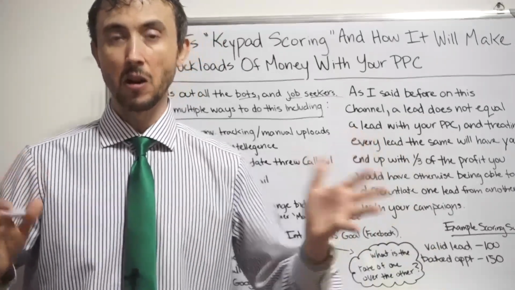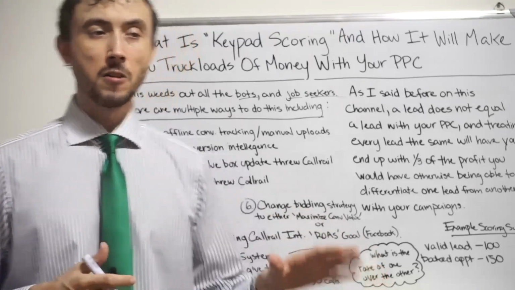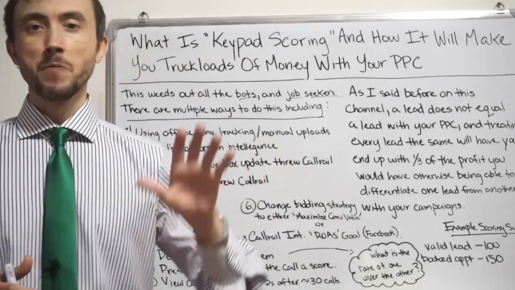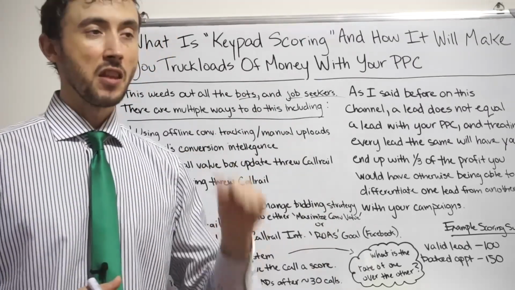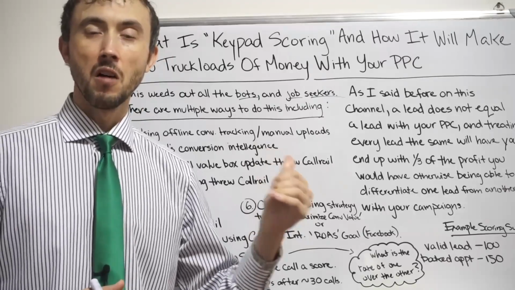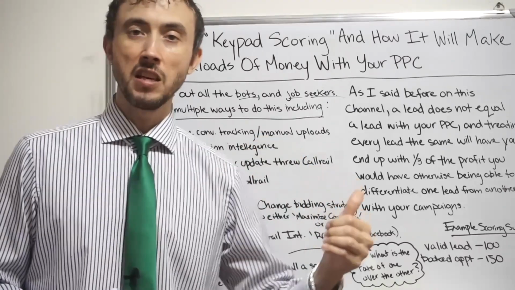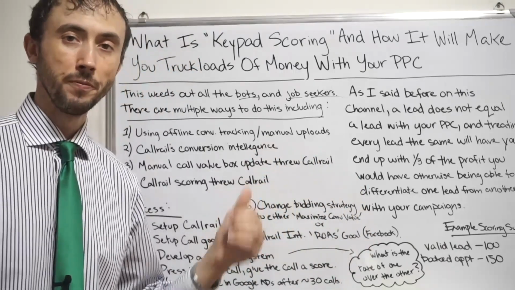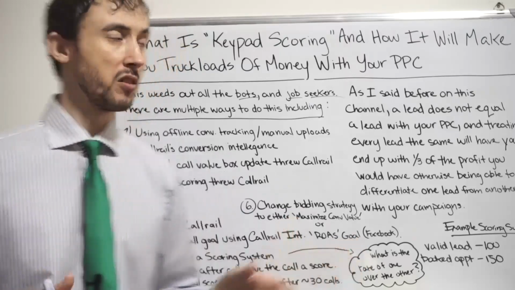Whereas in a lot of cases, we have clients where there are so many salespeople and so many bots and so many job seekers that the campaigns literally are not even profitable if they don't do this level of optimizing for quality leads inside their ad accounts on Google, because so many of these other odd types of people are burning up their budgets.